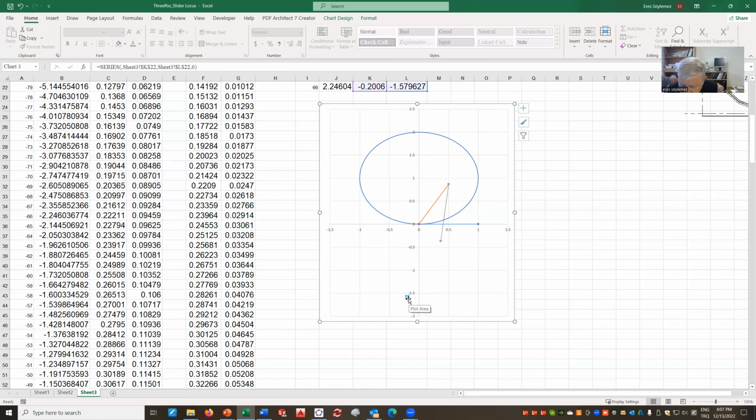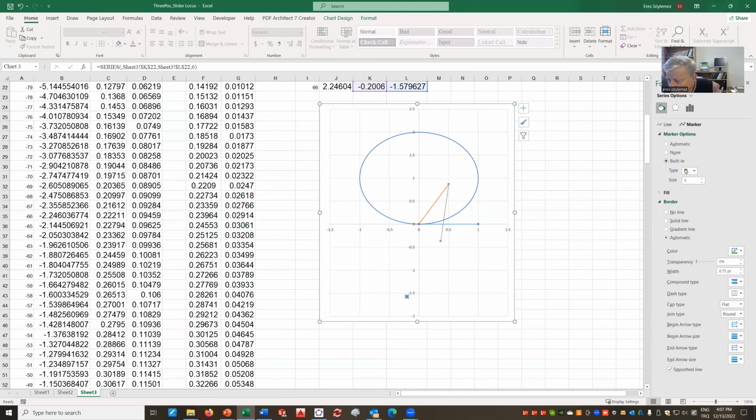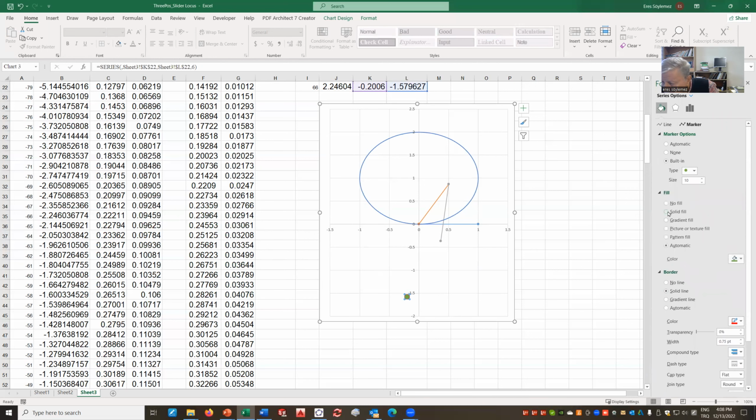Sorry, I sometimes format data series. Now I can marker, built-in function. I will prefer circular. Change its color to red. Fill.